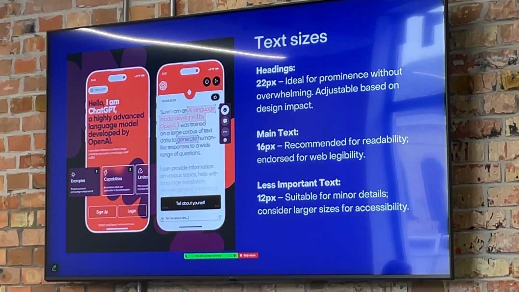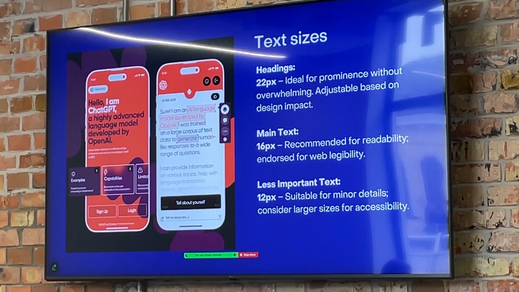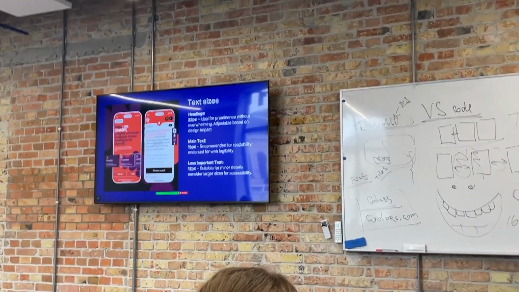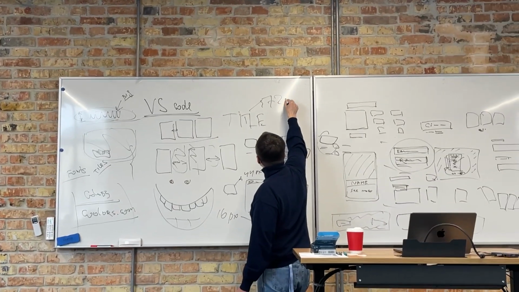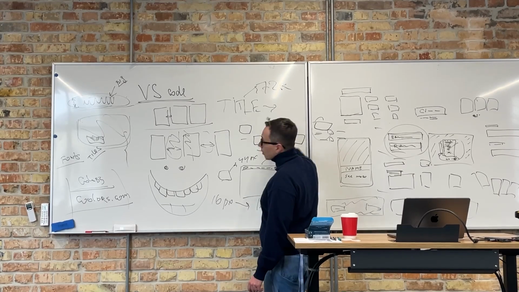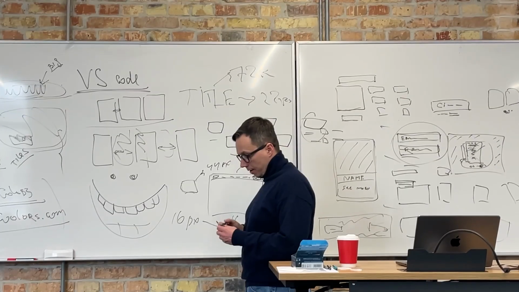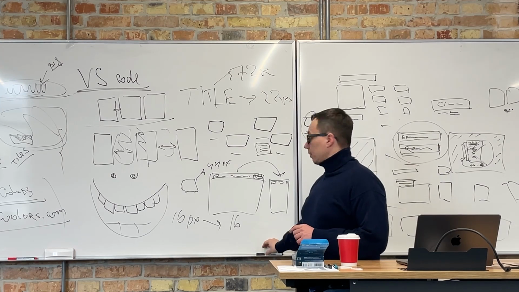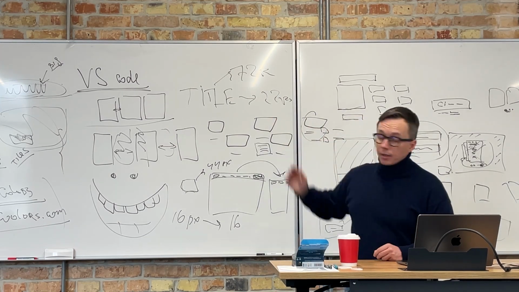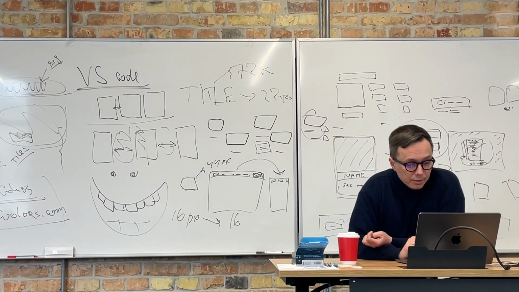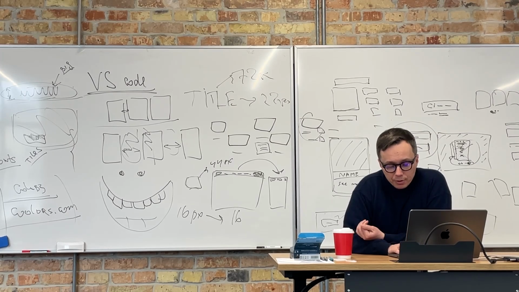You will often use large fonts for headings and titles, and it could be 72 pixels. But for mobile devices, you need to reduce it to something like 22 pixels, because on mobile this desktop size is very big.